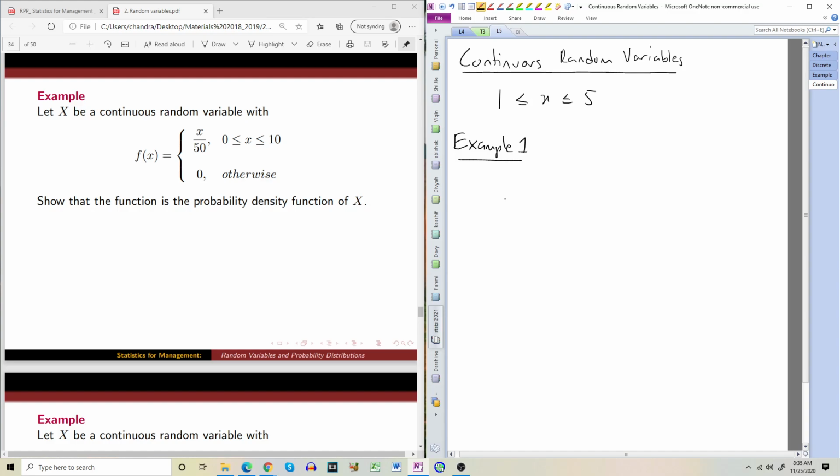Show that the function is the probability density function of x. So first we're going to show whether this is a probability density function or not. If the question is like this, what you have to do, you have to check the two conditions.